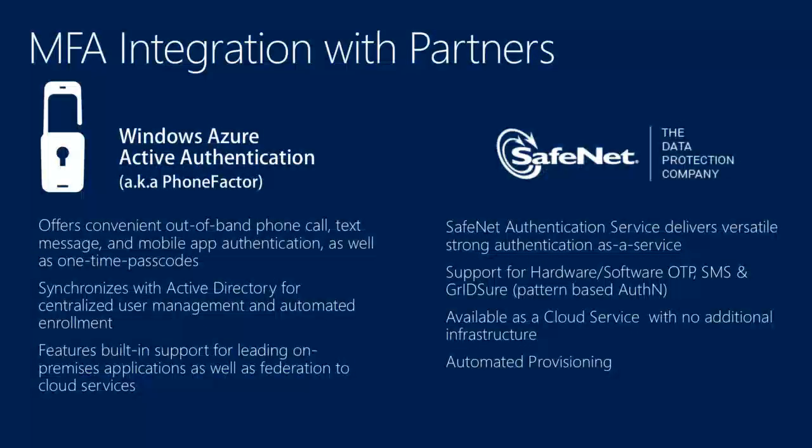Now, the two things that you saw here, just to discuss a little bit of the capabilities. We showed you Windows Azure Active Authentication. It has a wide variety: voice messages, voice phrases, PIN phrases, software OTP, and they also have a software OTP application on phones available for you.